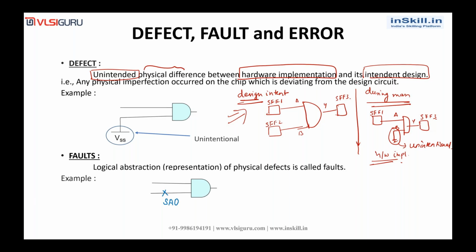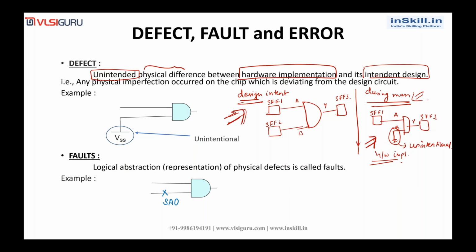But during manufacturing, we have seen random imperfections in the previous slide. So unintentionally, this B net of the AND gate has got tied to ground. This is what is called a defect.